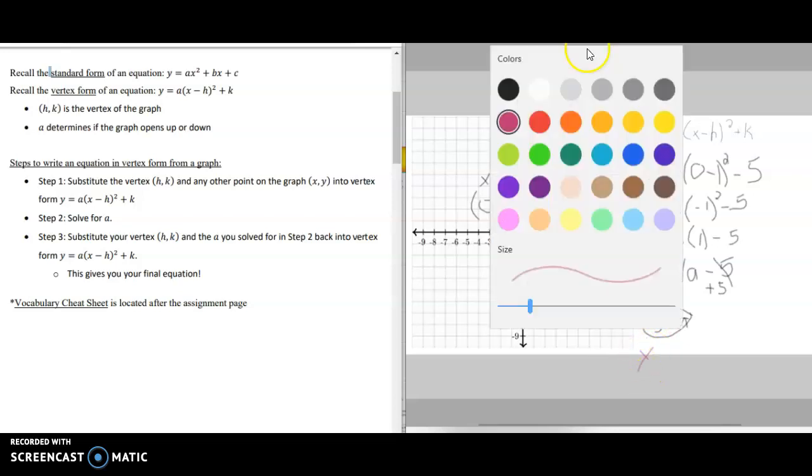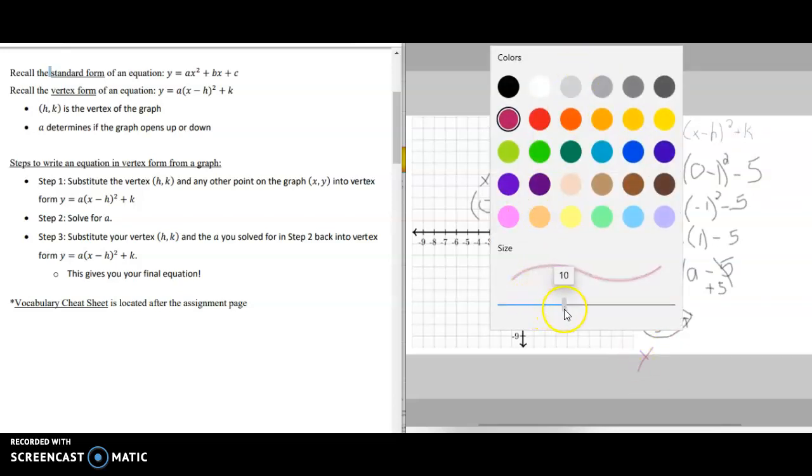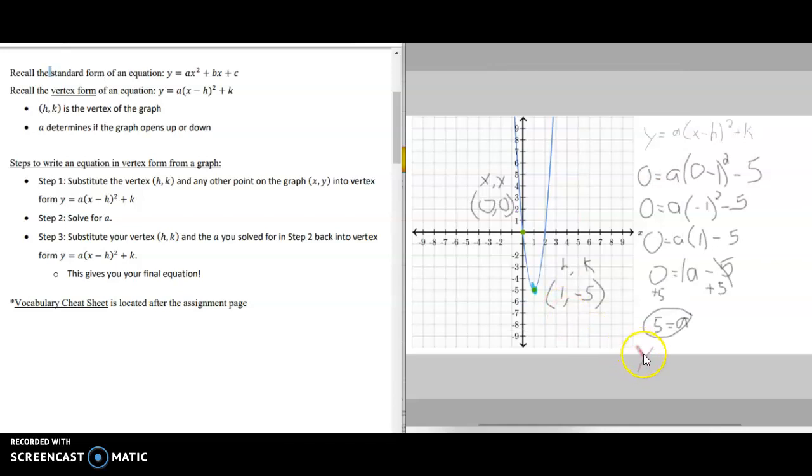Let me make this a little bit thicker for you guys. y equals a, which I just solved, is 5, times x, opposite of my h.